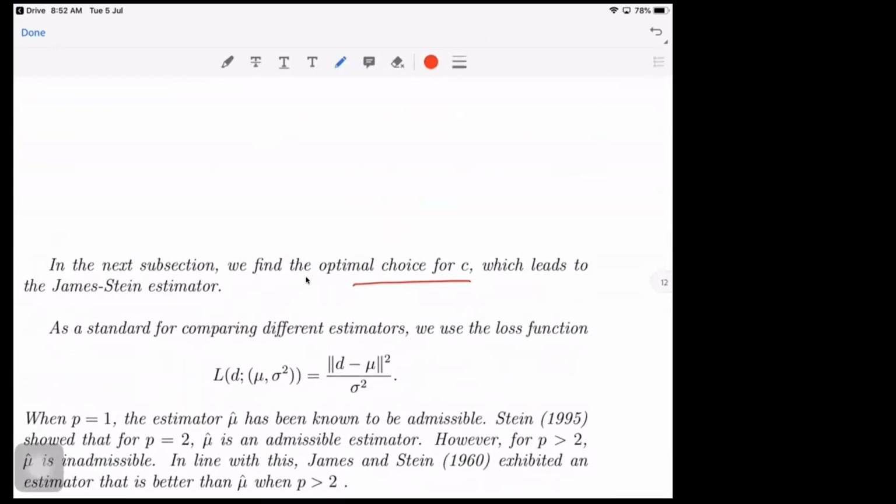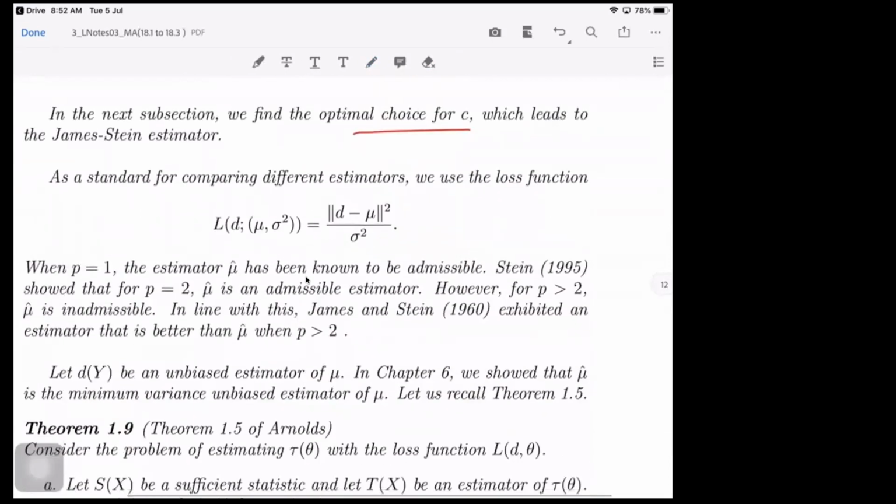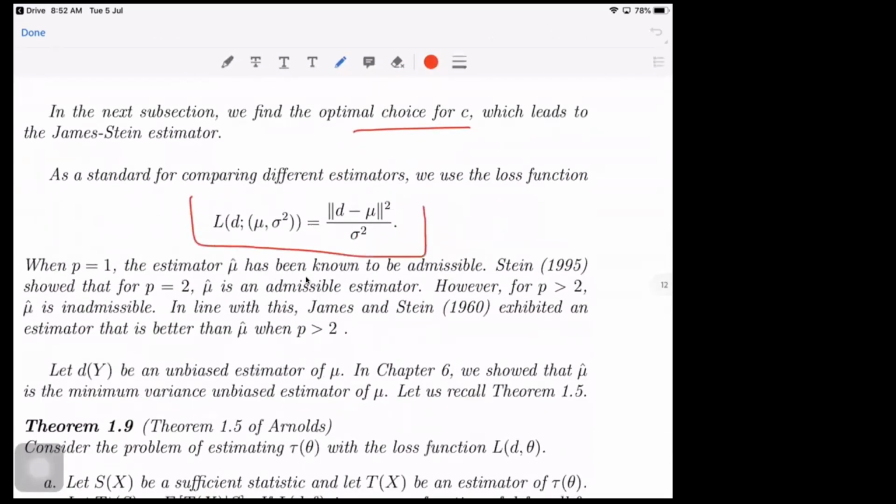So as a standard for comparing different estimators, we use this loss function. This is equivalent to your Mahalanobis loss function. If we use the sigma hat here, this will be sigma over n. So what you will have here is n times d minus mu prime, and then sigma inverse, and then d minus mu.